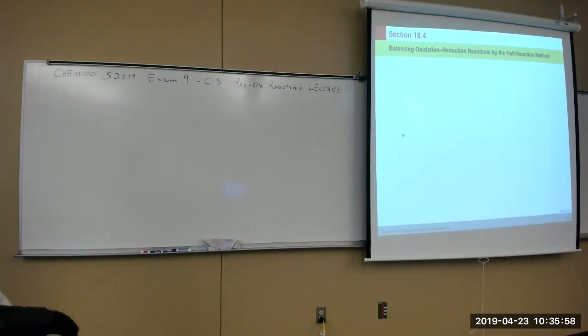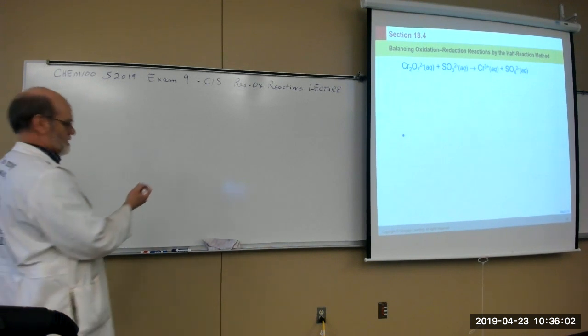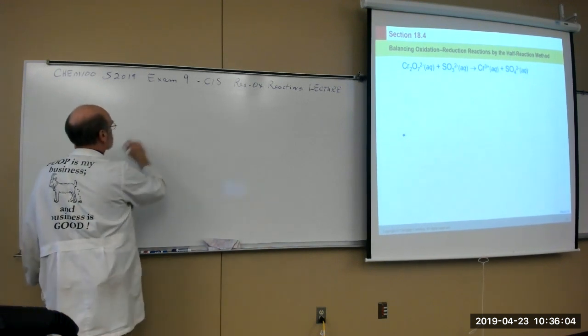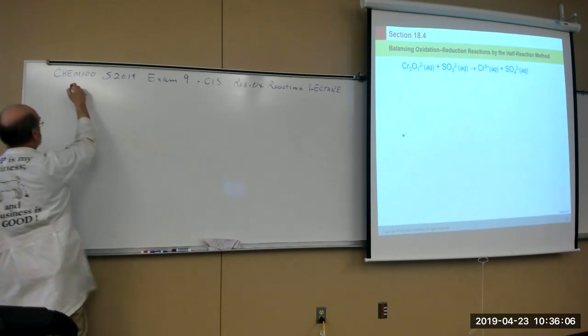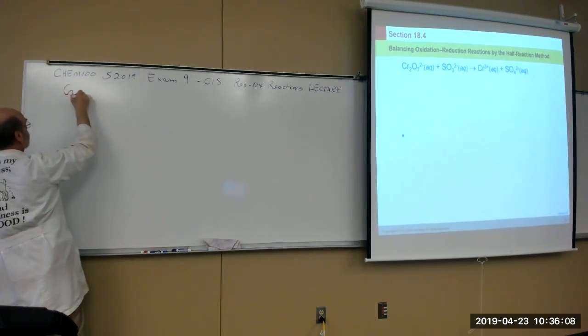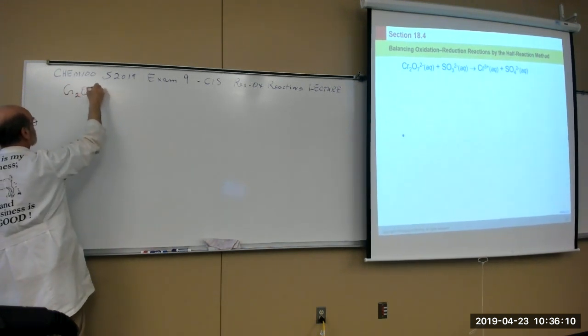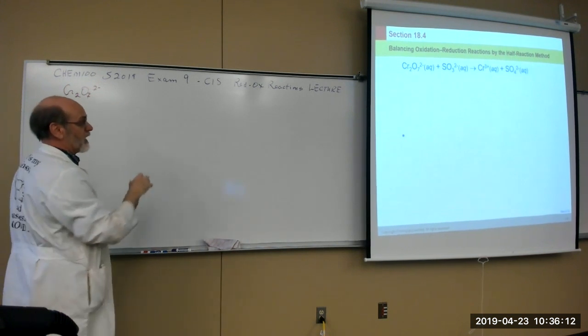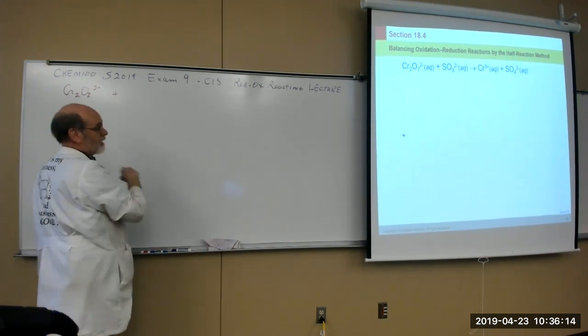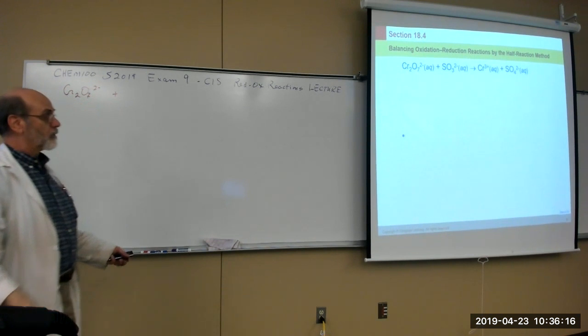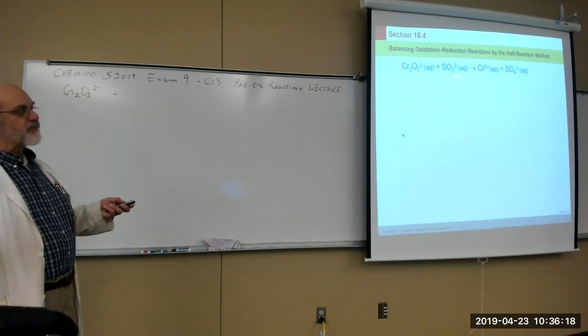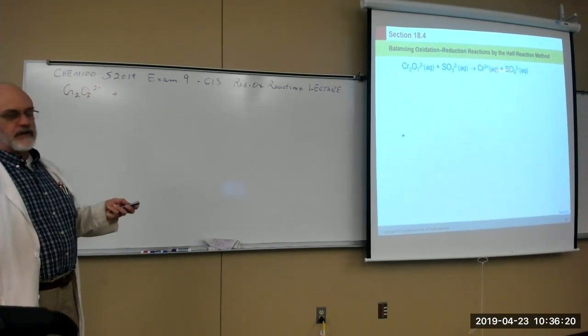So let's take an example. I'm going to put that one over here. I'm going to take the dichromate ion. And like I said before, there are spectator ions that are associated with these.